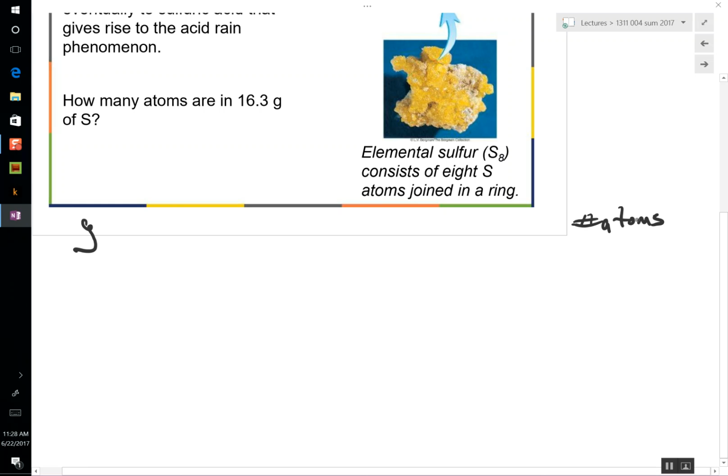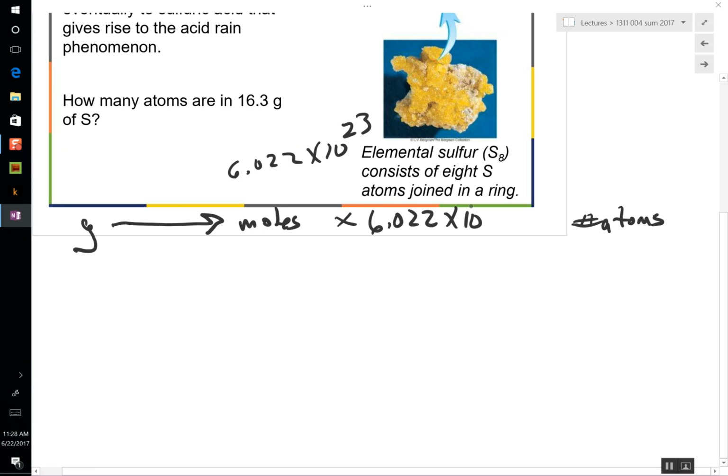Right away I can see that I need to convert my grams into moles, because I know what a mole is. A mole is this many things. Doesn't matter what I'm talking about. That's what a mole is. So if I go from grams to moles, then I can multiply my moles by that many things per mole.